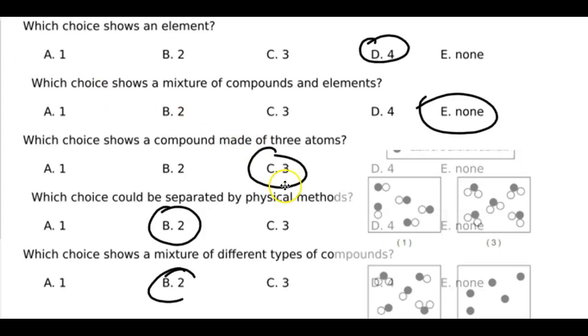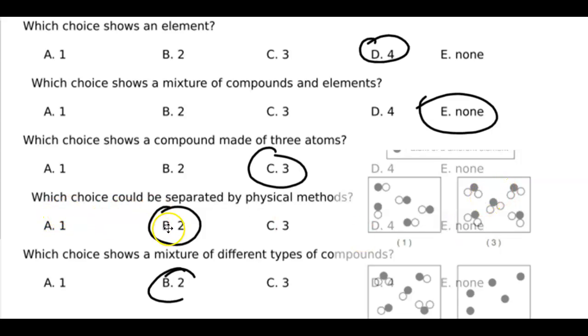All right, we've got our pictures here. Remember, the circles represent atoms. If they're touching, they're compounds. The element is the one that represents the single type of atom. A compound and element was not seen in any of these pictures. The 3-atom compound was choice 3.